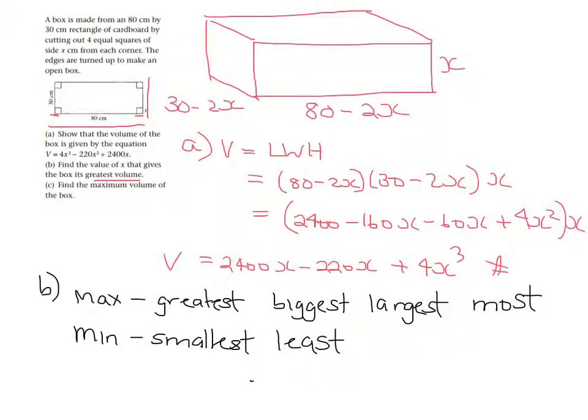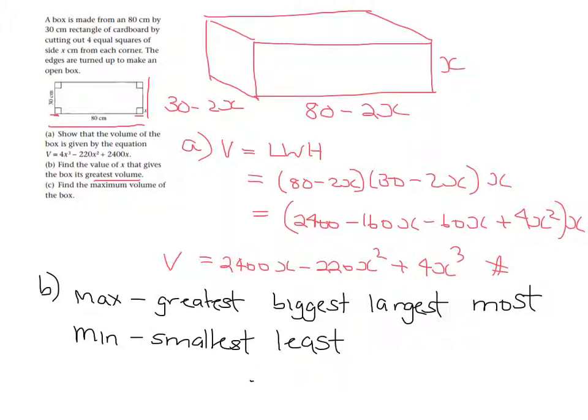Can't think of any more at the moment, but that would be the minimum. So in this case it's a maximum. And I just realised that's an x squared there. Minus 220x times x is 220x squared.